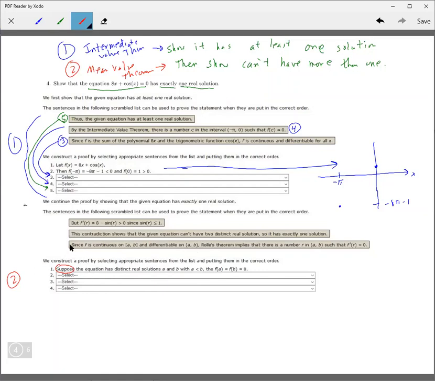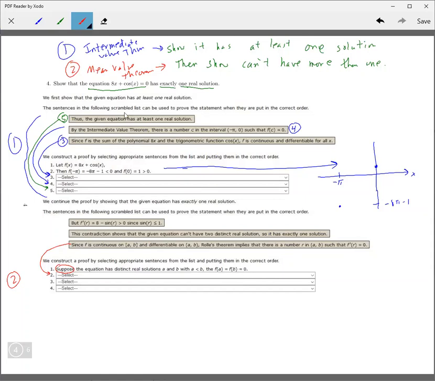Okay, so this first one, since f is continuous and differentiable, Rolle's theorem implies that there is a number r such that the derivative is 0. If these 2 points give you the same value, they're both 0, that means they're equal to each other.